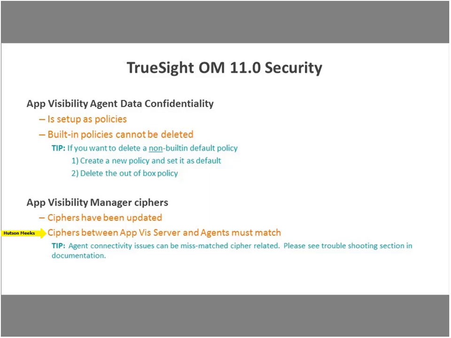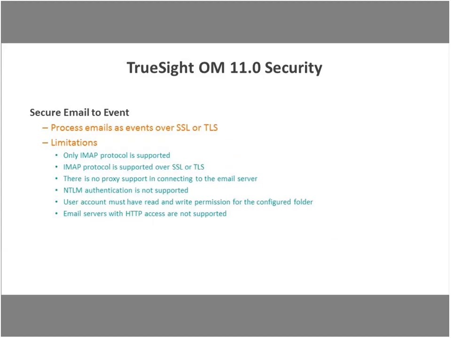So if you're having agent connectivity issues, and again, App Visibility agents are that Java and or .NET agent that I talked about earlier, it could very well be a mismatched cipher related problem. And that's easily corrected. So, if you think that's the issue, please go look at the troubleshooting section in this area in our product documentation, and we take you through steps on how to correct that.